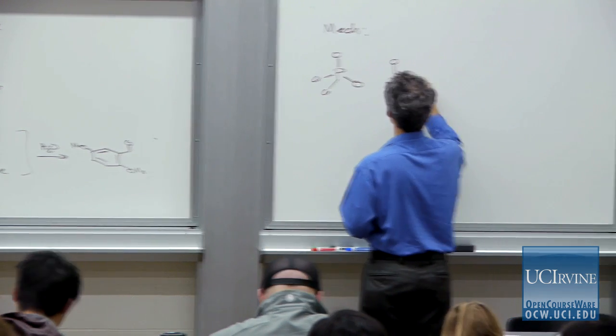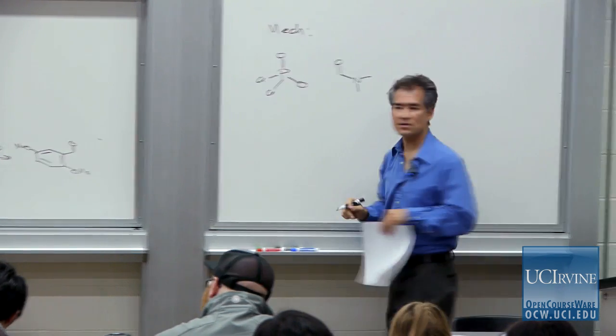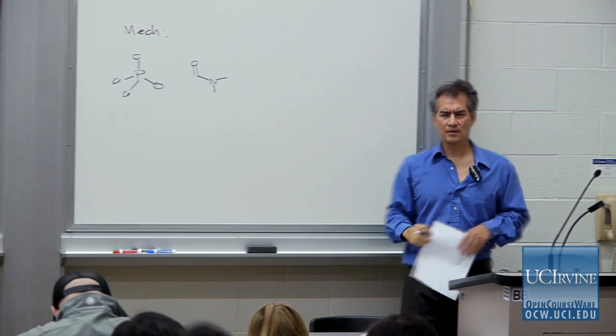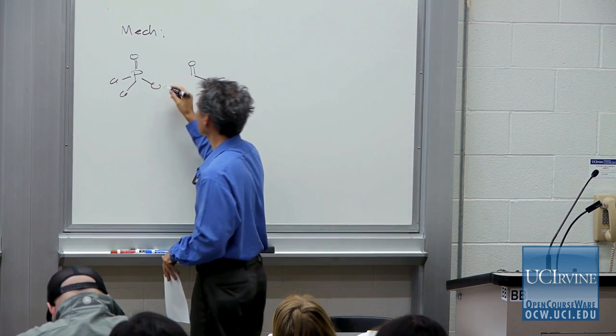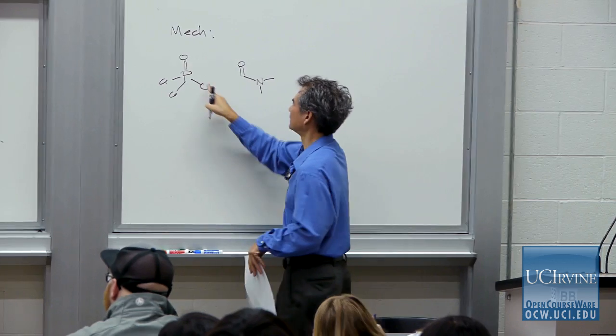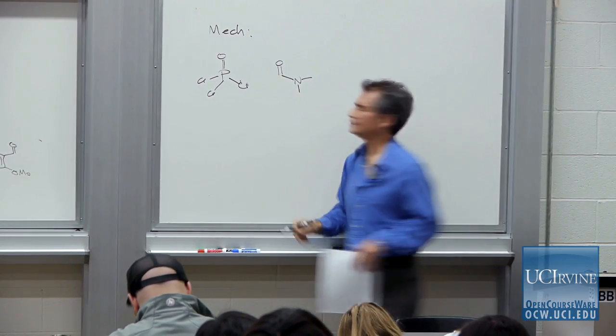So typically with the Vilsmeier reaction, you use DMF as a common solvent for organic synthesis. You just take your pot, use DMF as your solvent, and you dump in POCl3. That's supposed to be a chloride right there. I just didn't do a good job of drawing that.